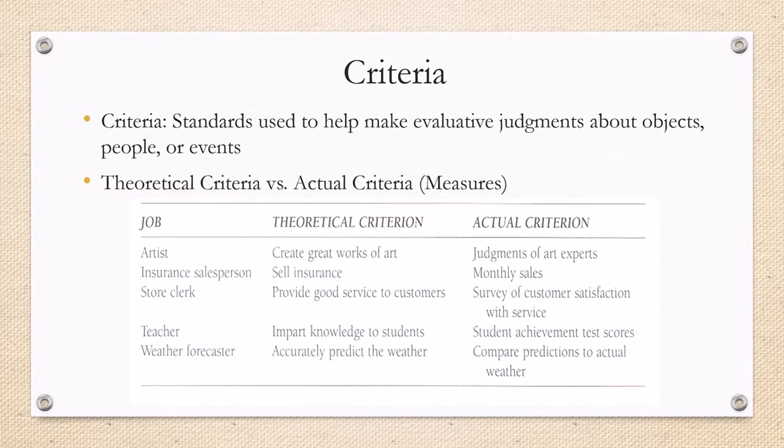A teacher is supposed to impart knowledge to students. And we can try to assess that based on student achievement test scores. A weather forecaster, we're hoping accurately predicts the weather. And we measure this by comparing predictions to actual weather.